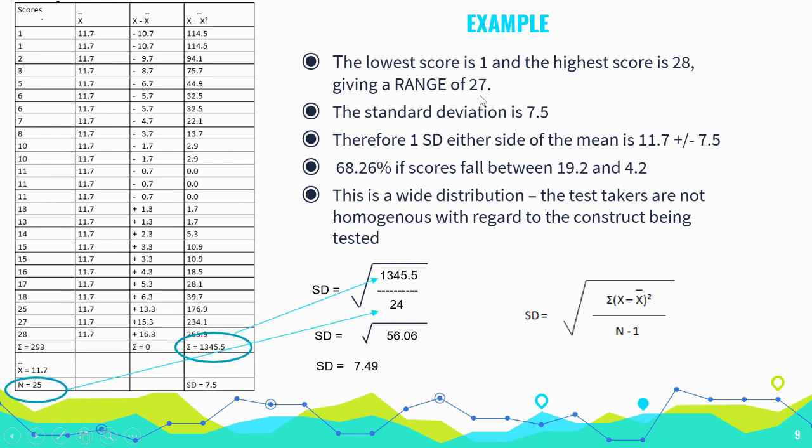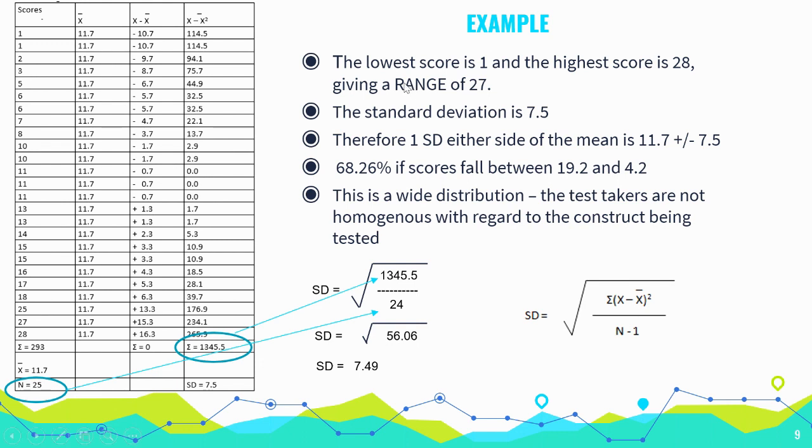So we have a range of 27. That's 28 minus 1. Given that we have a test with 30 items, that range is quite large. So we would expect a fairly large standard deviation.